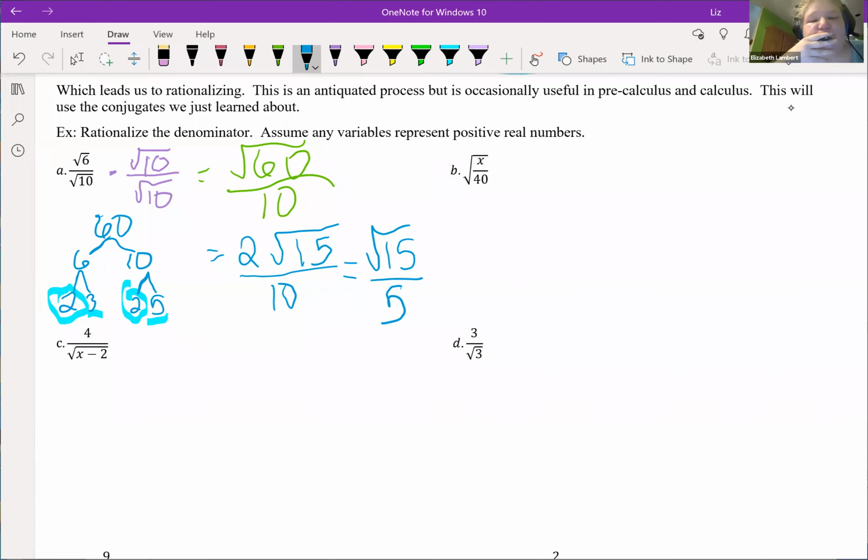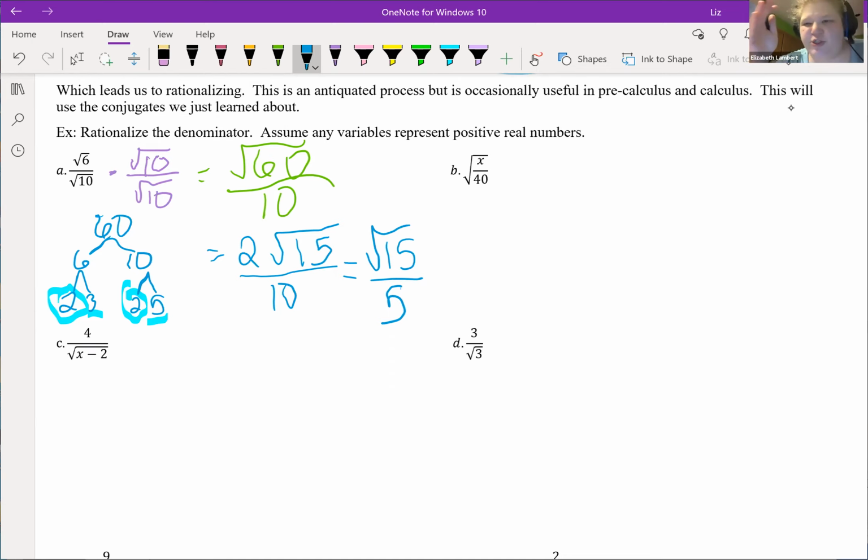So just be on the lookout. But that is our rationalized answer. I can calculate the square root of 15 as the square root of 3 times the square root of 5, and then divide that by 5 and get however many decimals I want from it.